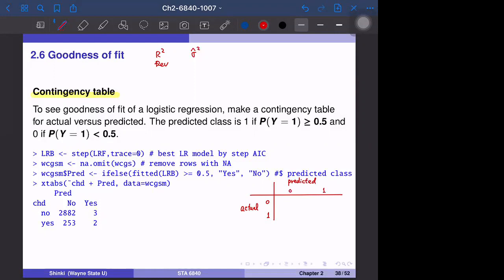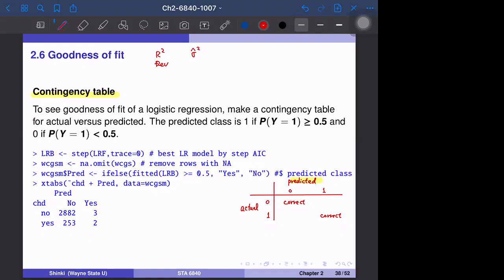As long as we can define the predicted value, our decision, we can see that if the actual is 0 and predicted is 0, then we say this is correct, and also 1, 1 is correct, but the others are incorrect. If we construct a contingency table, we can see the result at a glance. So how do we decide the predicted value?